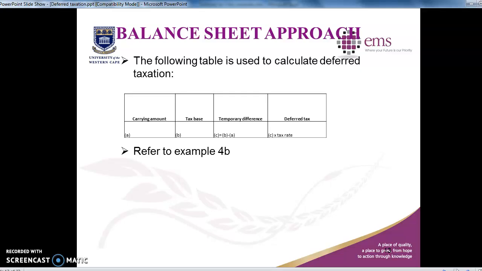So again, we measure our deferred tax as the difference between the carrying amount and the tax base of the asset. Alright, so how do we know if we have a deferred tax liability or a deferred tax asset? Remember, a deferred tax liability will be a future tax payable, and a deferred tax asset will be a future tax saving.